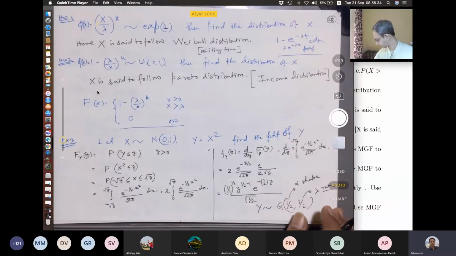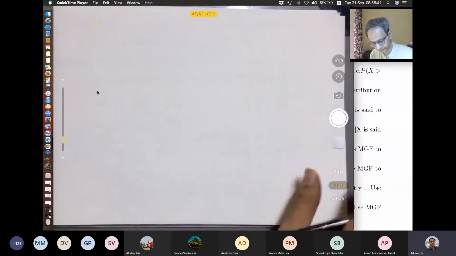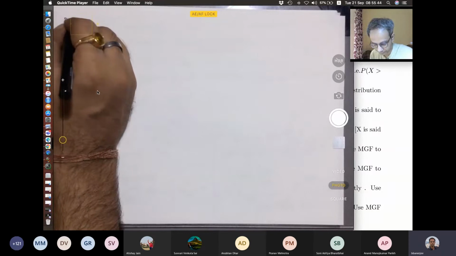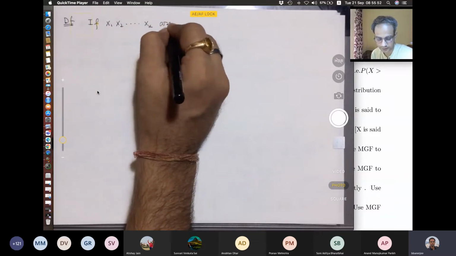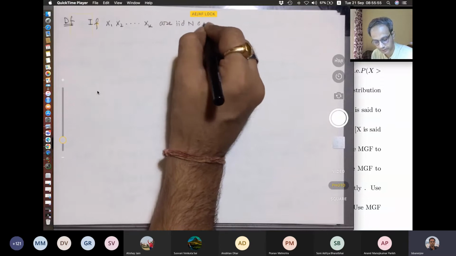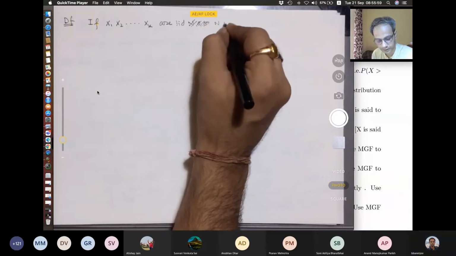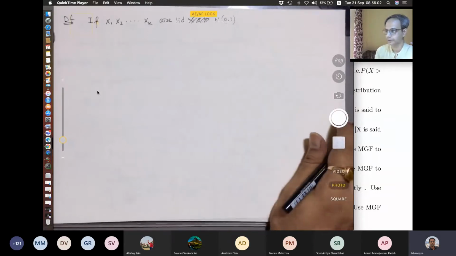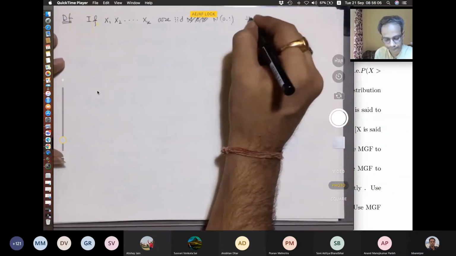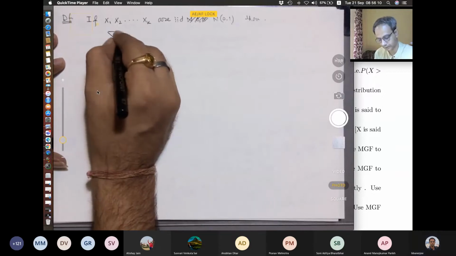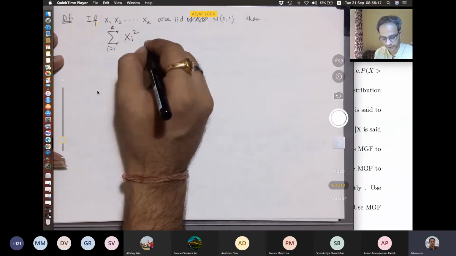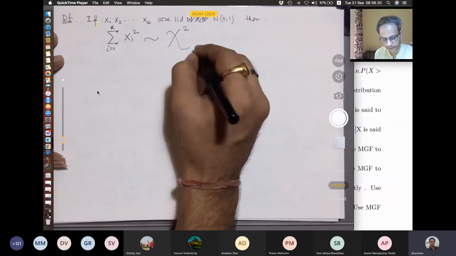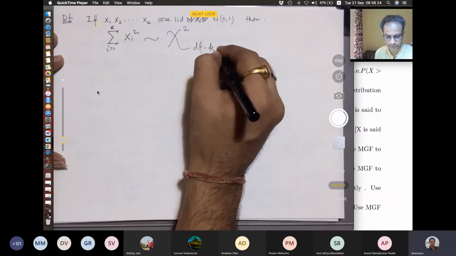The definition is this way: if x1, x2, up to xk are IID normal 0, 1, then the sum over xi square, i running from 1 to k, is said to follow chi-square distribution with degree of freedom equal to k.